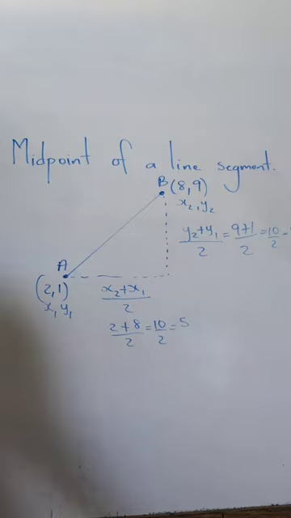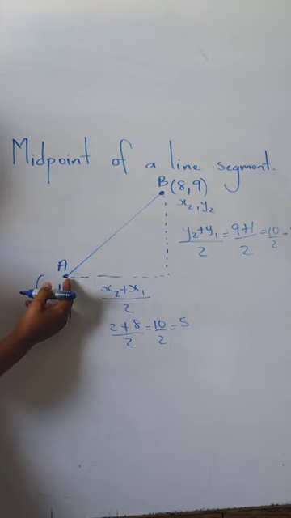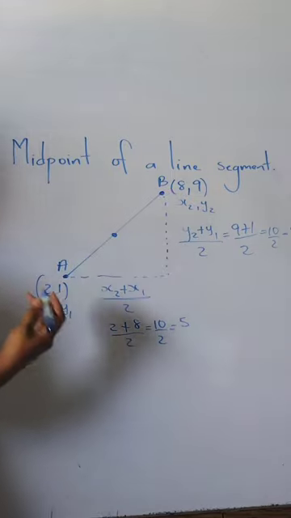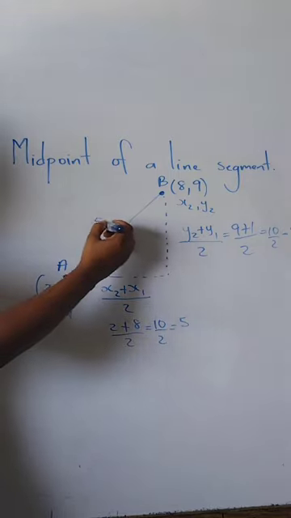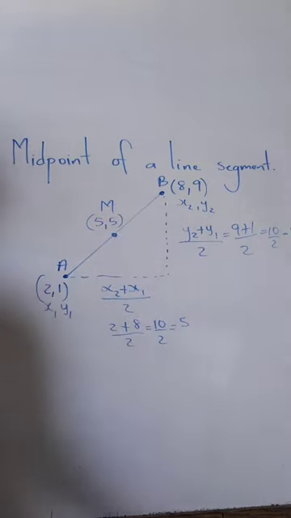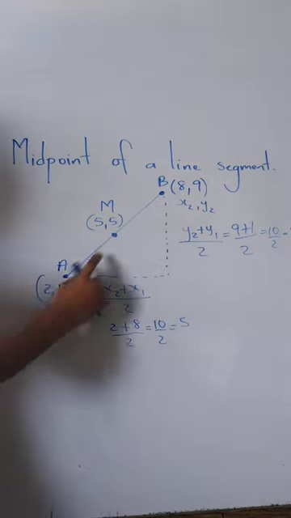What this is saying is that the middle of this line would have to move from A to B, somewhere here, and the coordinate here would have been 5, 5. This represents the midpoint, which is the middle of the line segment AB.